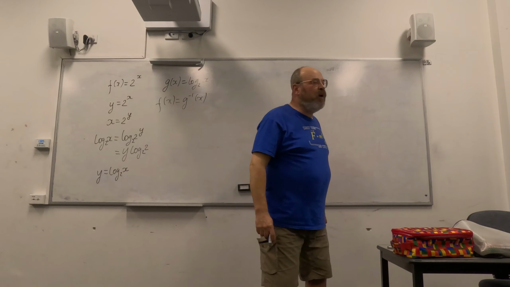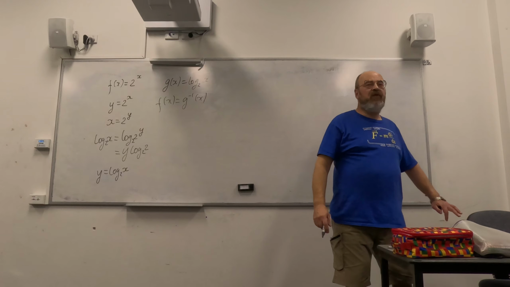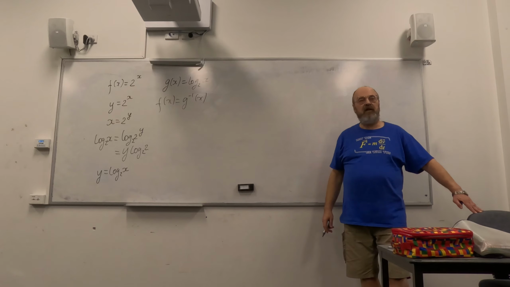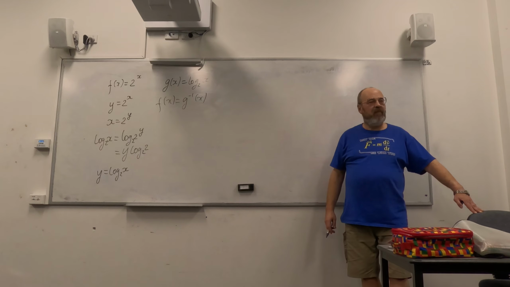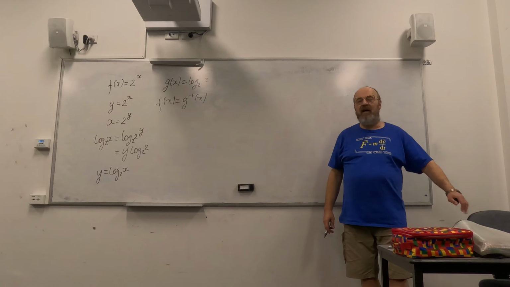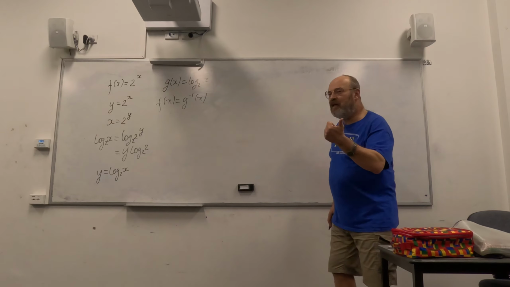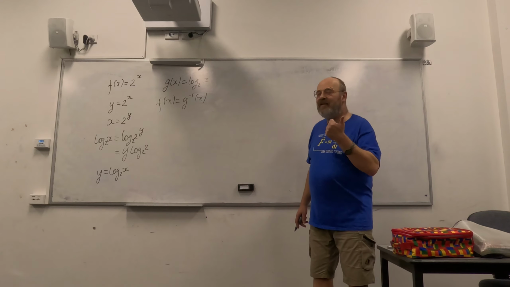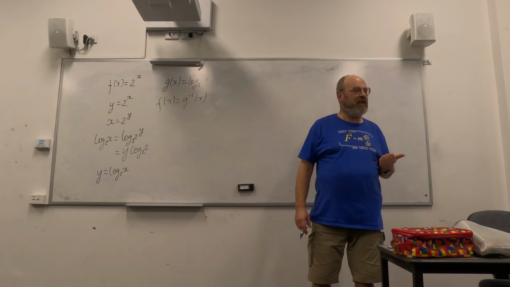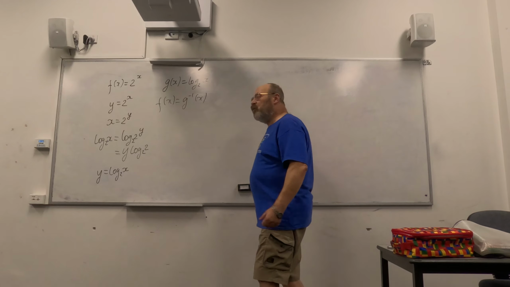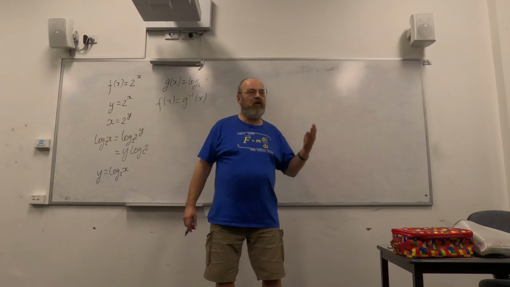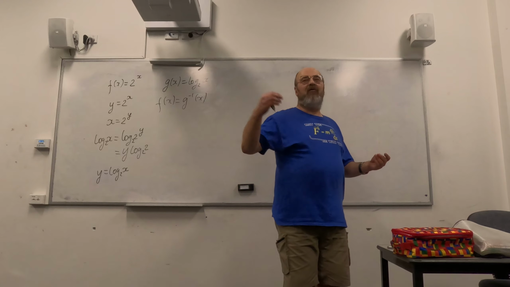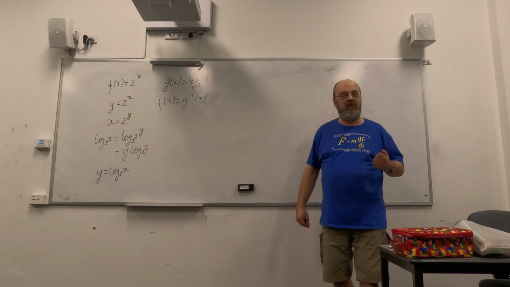So what do we know about the graphs of a function and its inverse? They are symmetrical in the line y equals x. And the domain of the original is the range of the inverse, and vice versa.